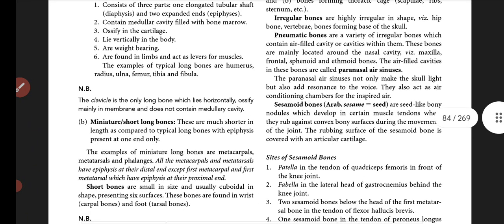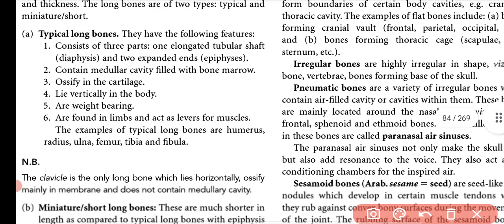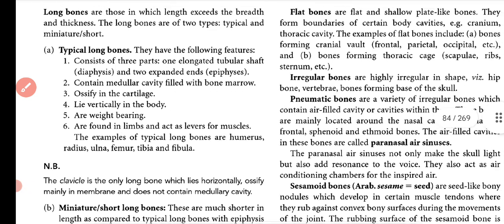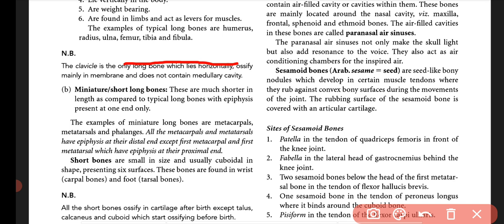Next one is the miniature long bones. These are much shorter in length as compared to the typical long bones, with epiphysis present at one end only. In the typical long bones, the epiphysis is present at both ends, and in miniature or short bones, the epiphysis is present at only one end.